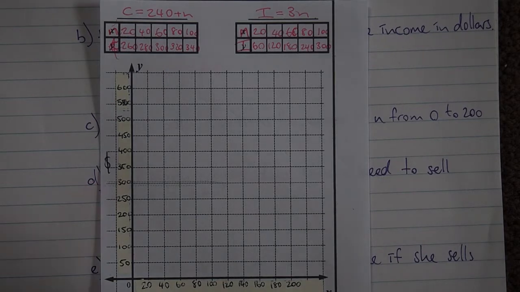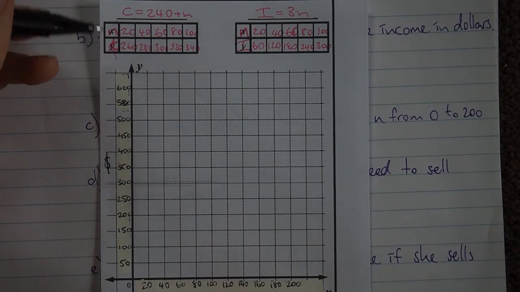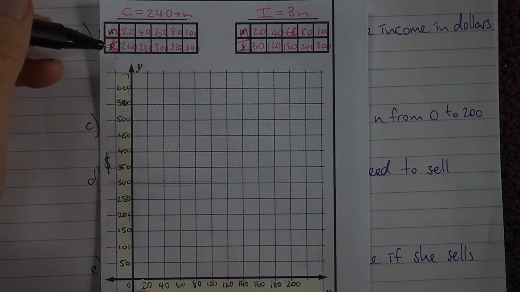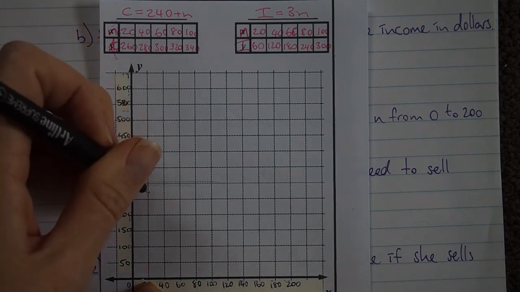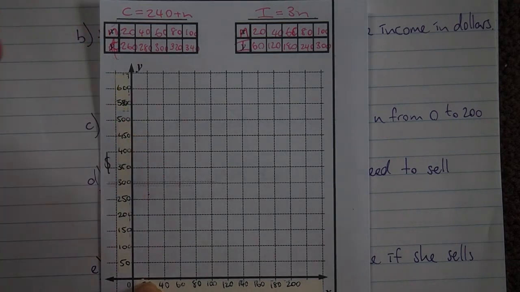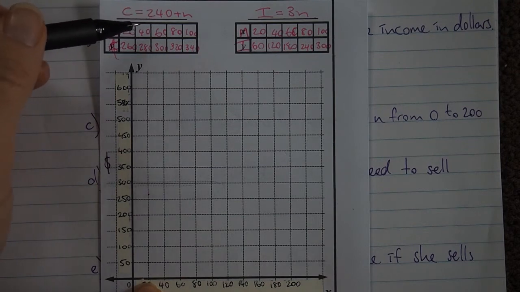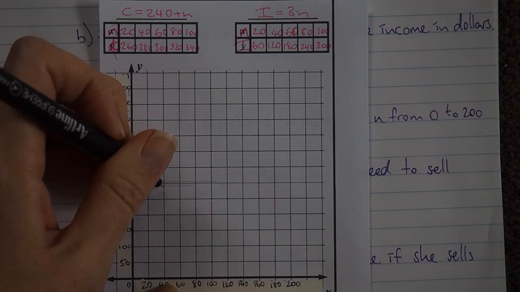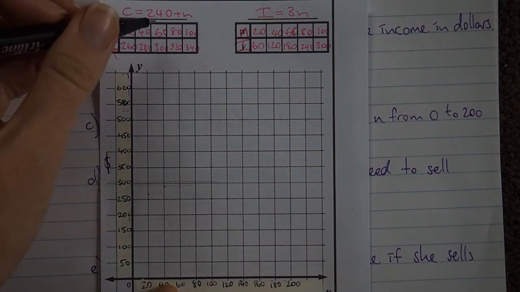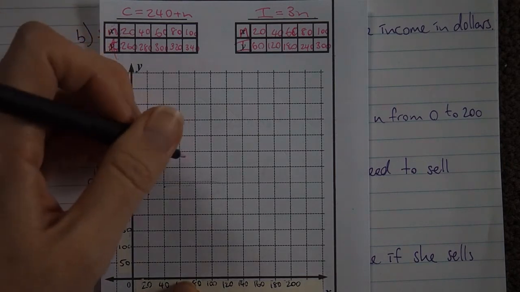Okay, so in our cost equation, where N is 20, our cost is 260, which is about here. 40 to 80, which is about here, thereabouts. 60 and 300, good.